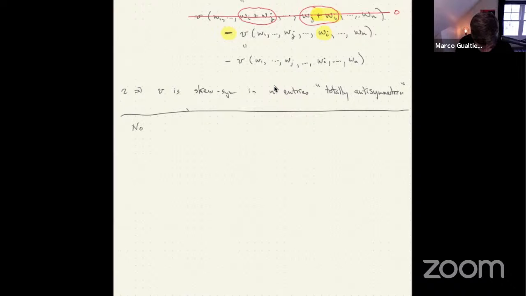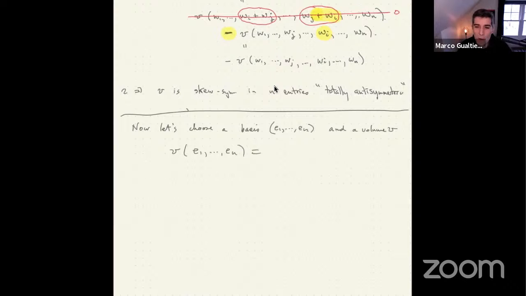So now let's choose a basis, E1 up to En, and a volume, V. So V of E1 through En is equal to what?